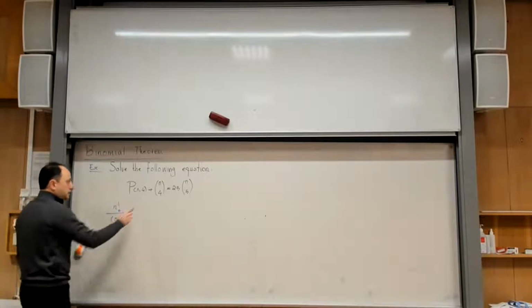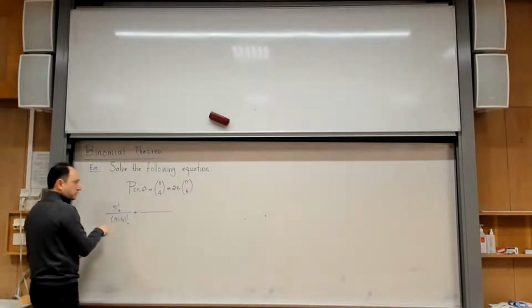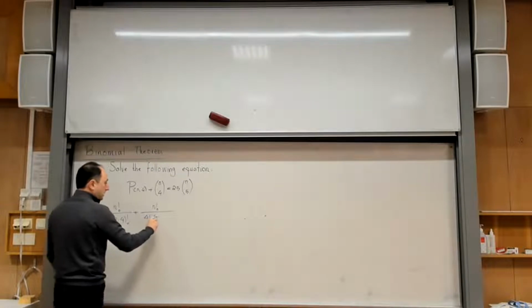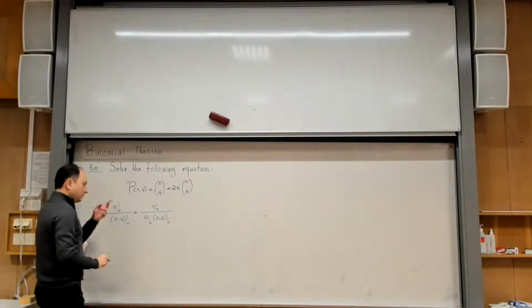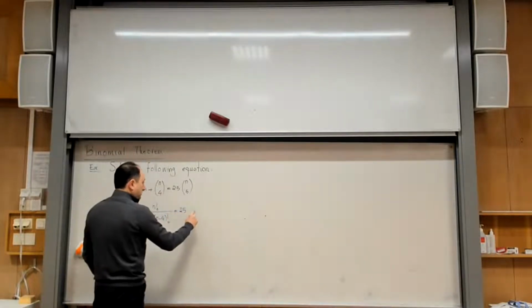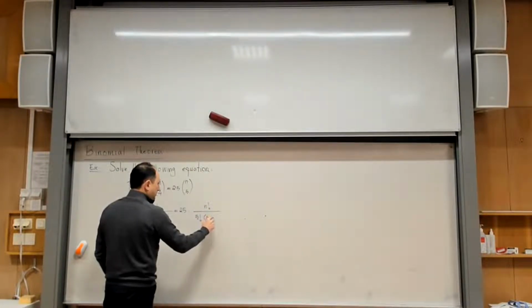The combination has an extra 4 factorial in its denominator, so this becomes n factorial divided by 4 factorial, n minus 4 factorial. On the right hand side, I will have 25 multiplied by n factorial over 5 factorial, n minus 5 factorial.